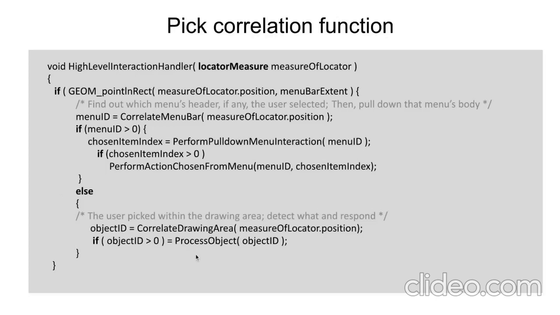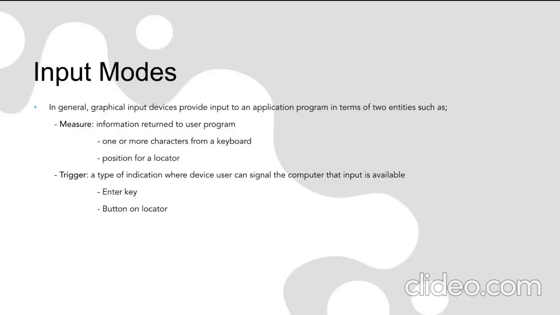I'll give an introduction to input devices. Graphical input devices play a crucial role in providing input to applications. They typically provide two entities: measure and trigger. The measure is like one or more characters from a keyboard, or the position of a locator device like a mouse or touchpad.